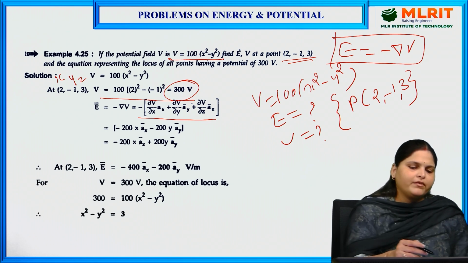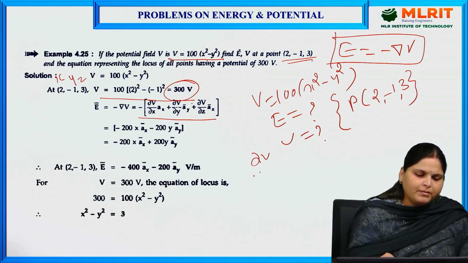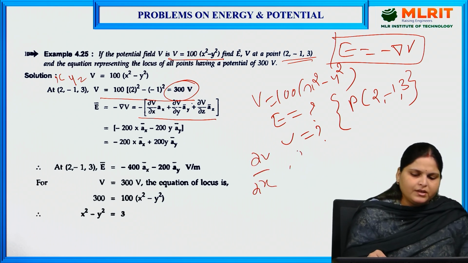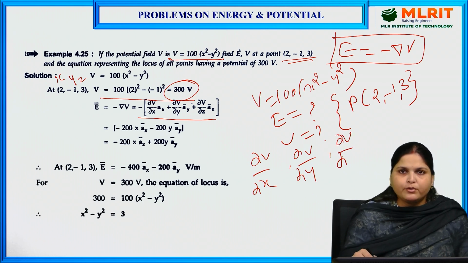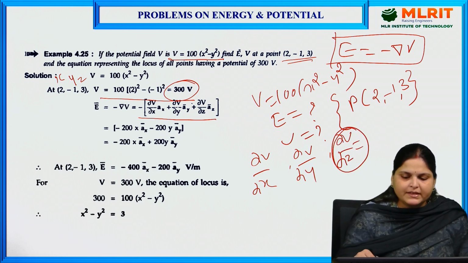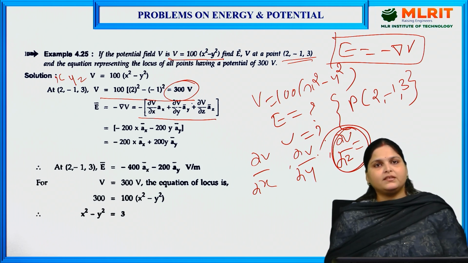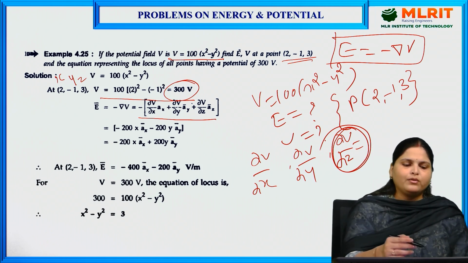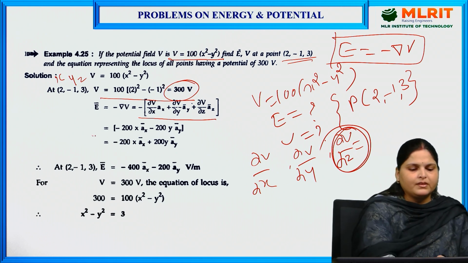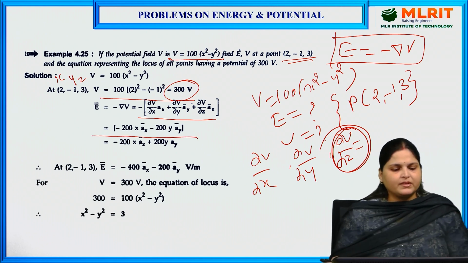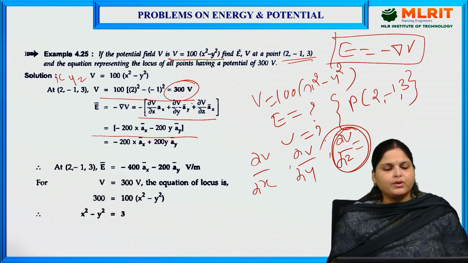Then we will find out dou V by dou x, dou V by dou y. We can calculate dou V by dou z also, but obviously it will become 0 because there is no z term. So on calculating dou V by dou x and dou V by dou y, we will get minus 200 x Ax minus 200 y Ay.